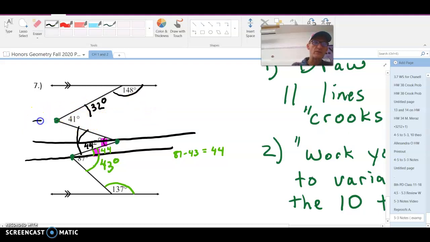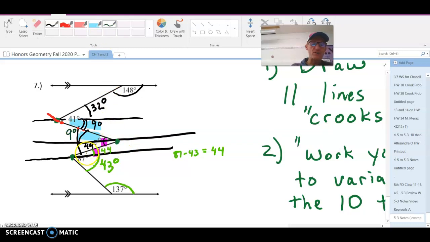Okay, it's 41. Okay, so that makes this angle here 9 degrees. Now this angle, the 9-degree angle, and this angle are alternate interiors from this transversal, see? Okay? So that makes this angle 9 degrees too.